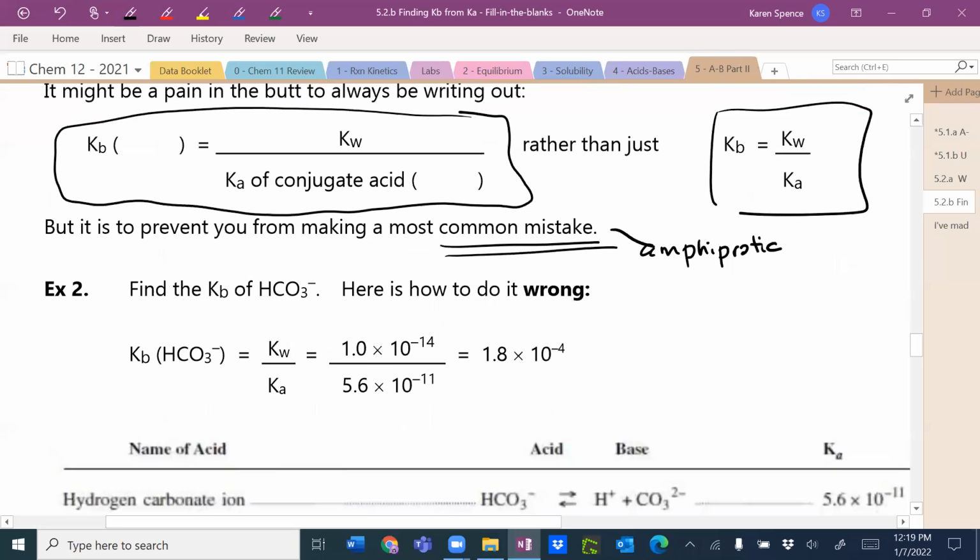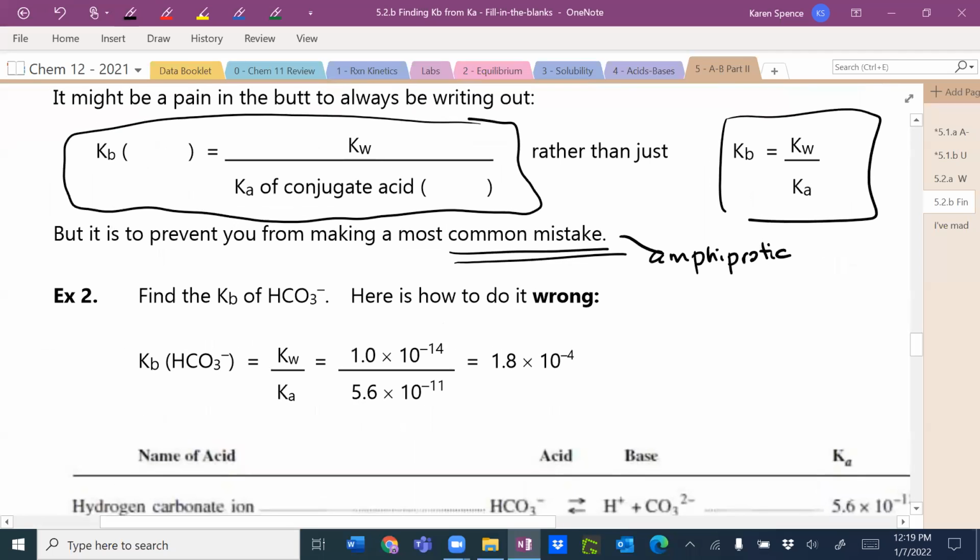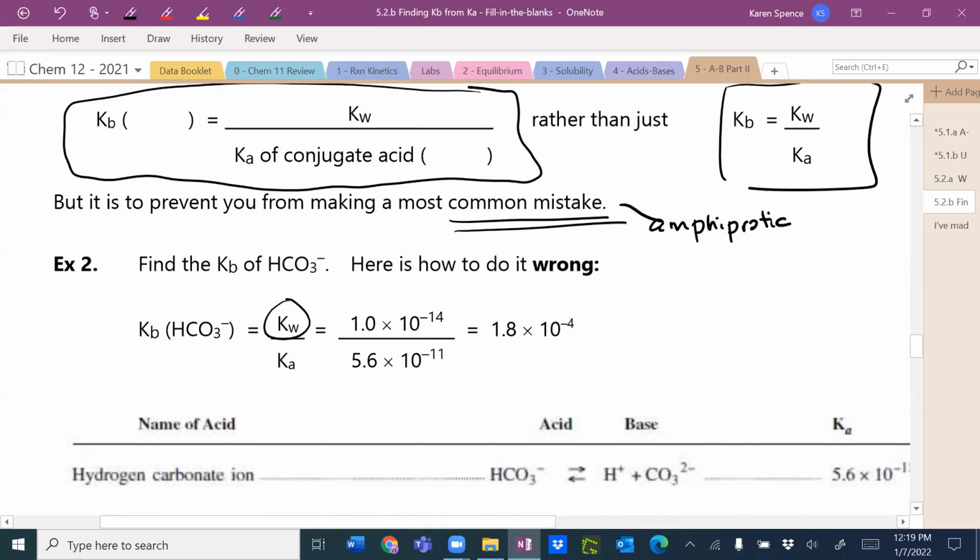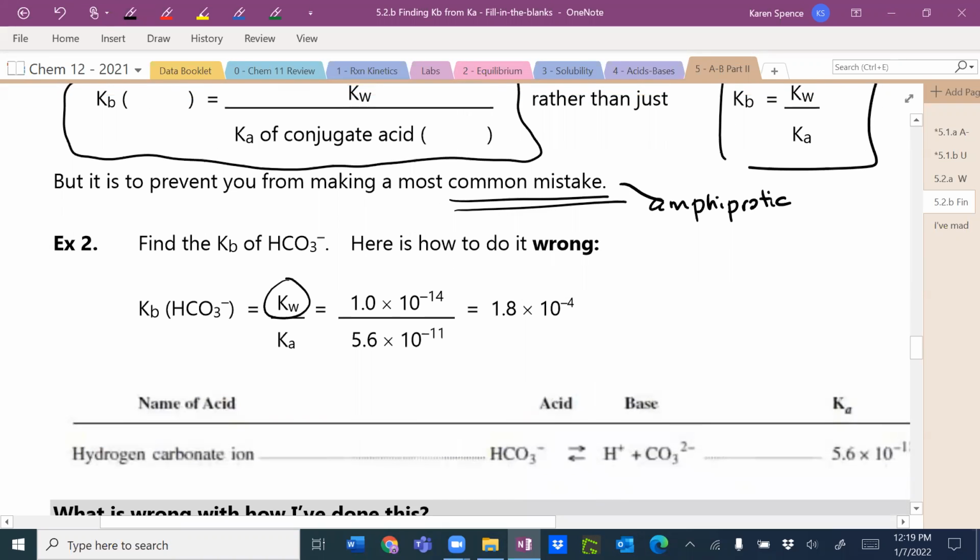Okay, so let's take a look here. We have, let's find the Kb of HCO3. Well, Kw, yay. I know that's 1 times 10 to the negative 14, so that's great. Now, HCO3, I looked that up here.